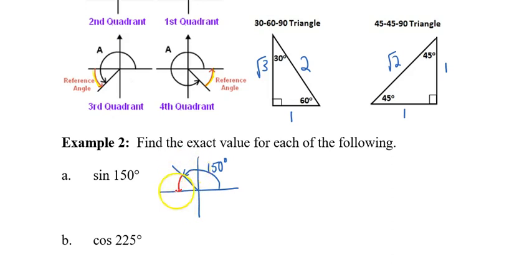You have to think, what would make that get there? This was 180. You were all the way to 150, so this is 30 degrees. And so what that means is I can rewrite this problem as sine of 30 degrees. And when I go up here to my 30 degree, sine is opposite over hypotenuse, so that is 1/2.